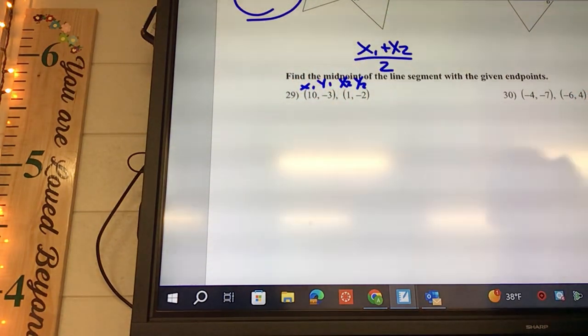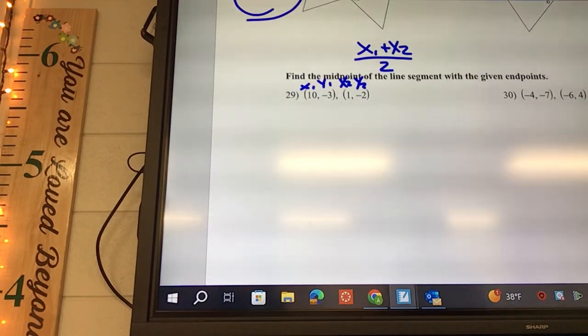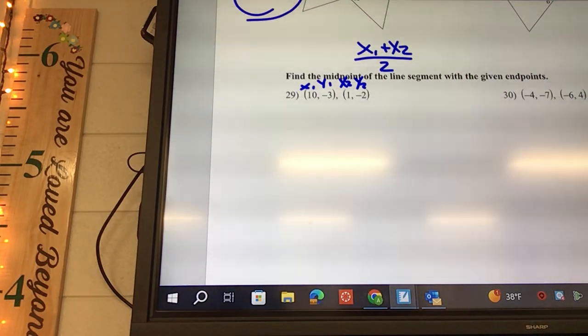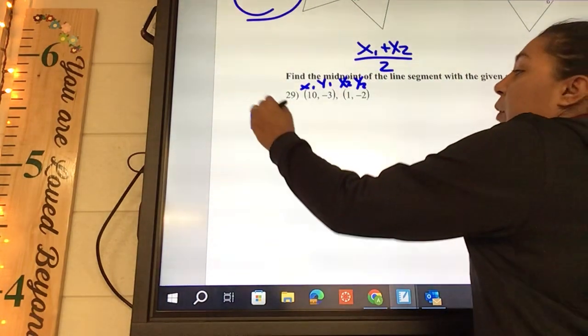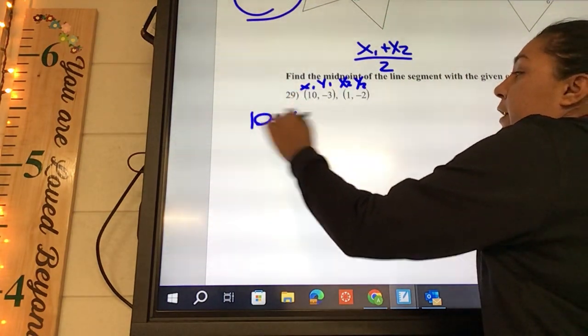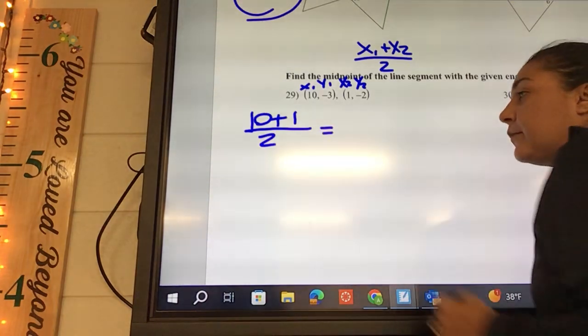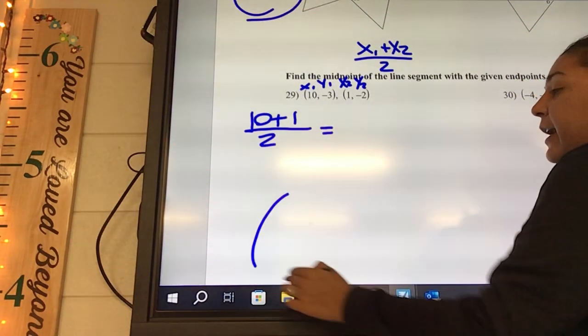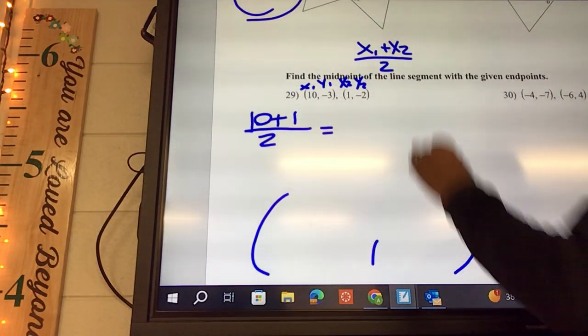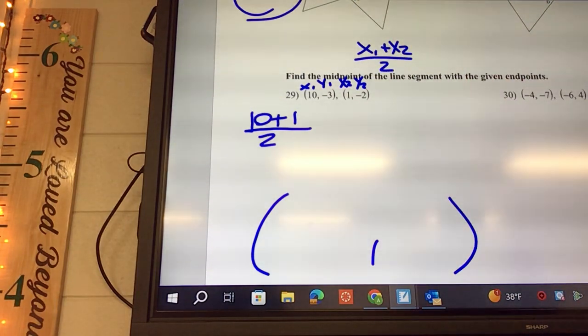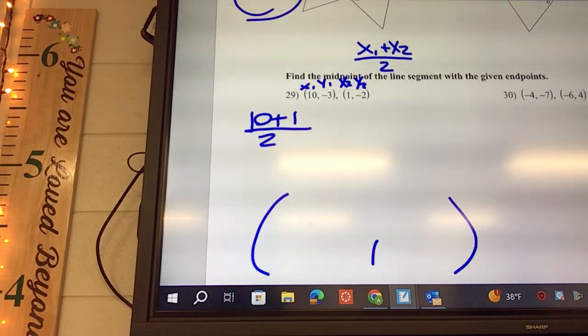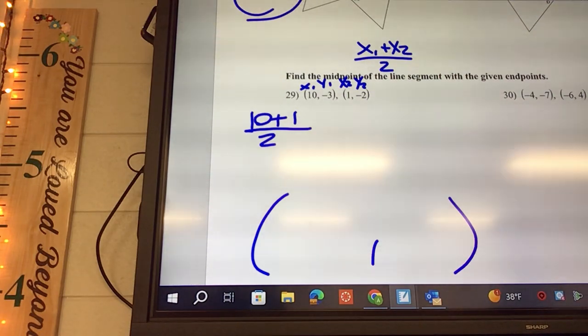What's the key word in this one though? Midpoint. So this is the midpoint formula. X1 is 10 plus X2 is 1, over 2. What is that? 11 over 2.